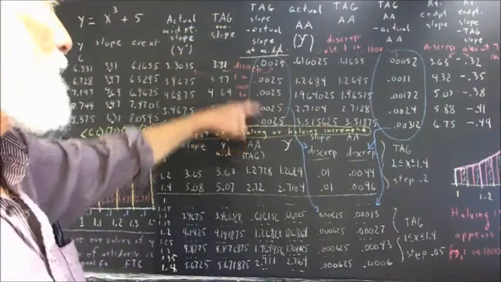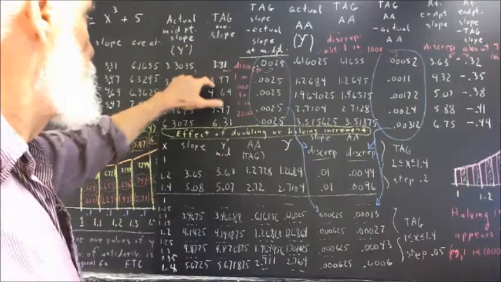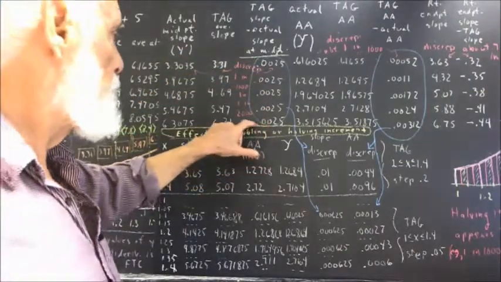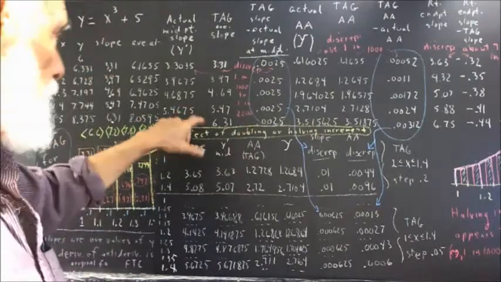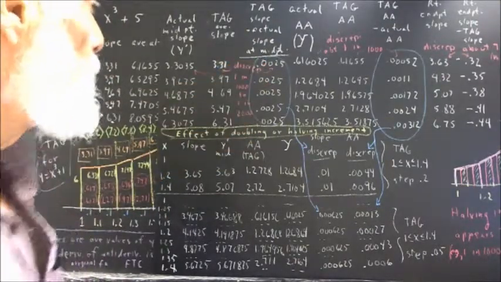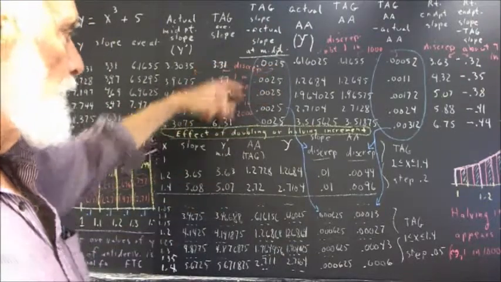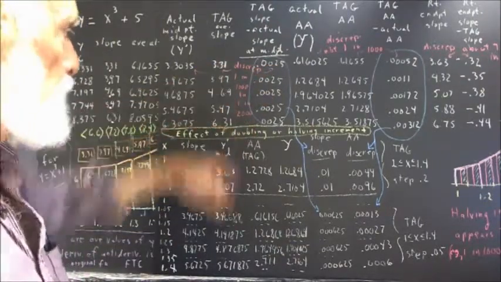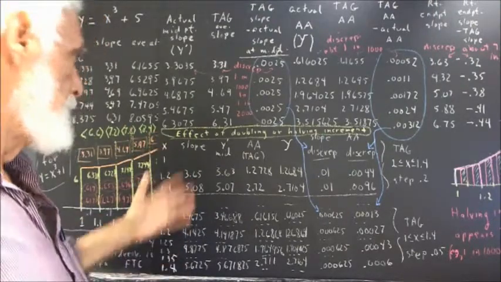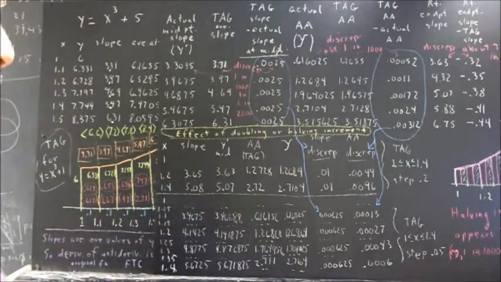Okay, and of course, since these values get bigger and bigger and the discrepancy remains the same, then these discrepancies are even less as a proportion of the actual value than these are. So the discrepancies here are less than 1 in 1,000. You get down here, they're less than 1 in 2,000, 1 part in 2,000. And I'm actually getting quite a bit less than that.